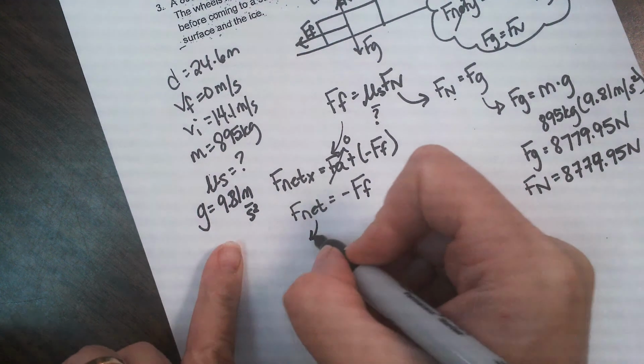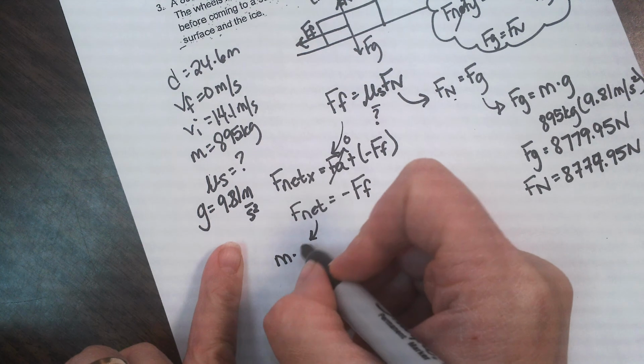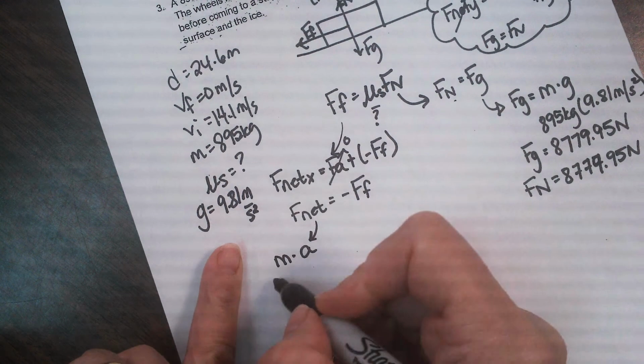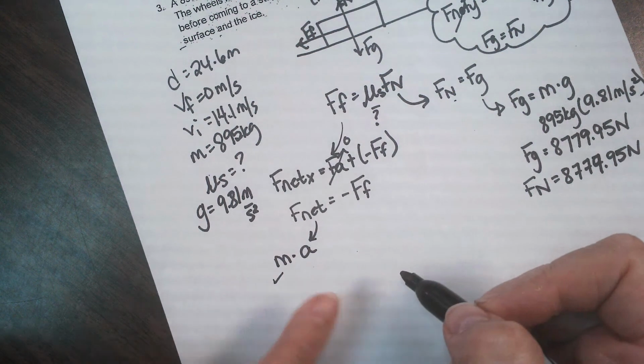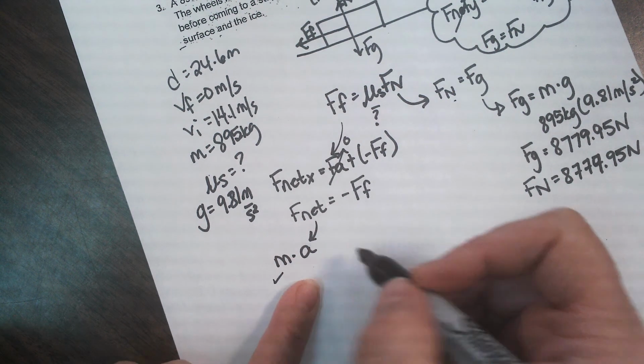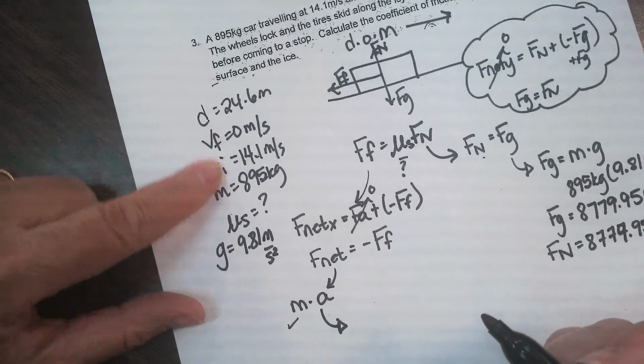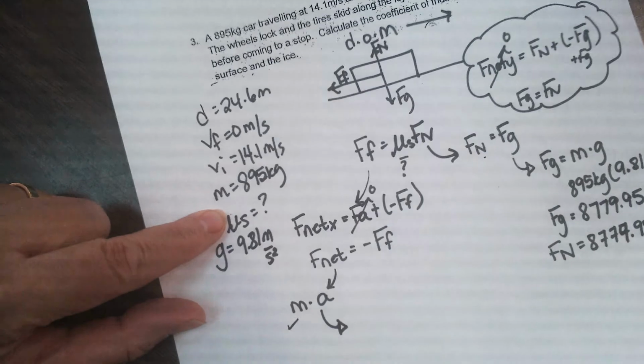Well, we know that force net is equal to mass times acceleration. Okay, well, we have mass, but we don't have acceleration. How do we find acceleration using this information here?